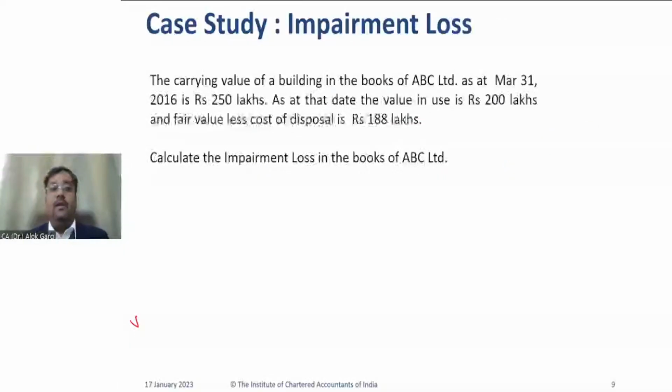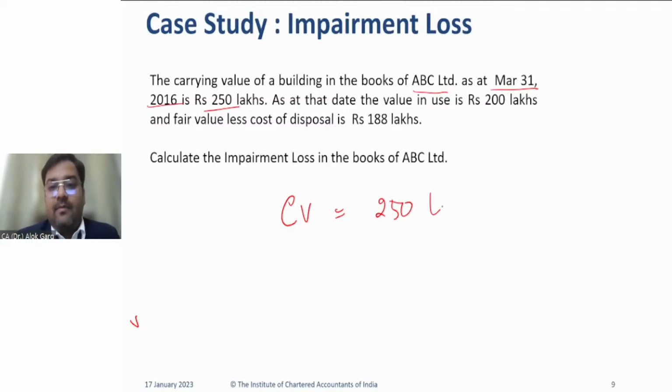Okay. So the carrying value of a building in the books of ABC Limited as on 31st March 2016 is rupees 250 lakhs. As on that date, the value in use is given, which is 200 lakhs.